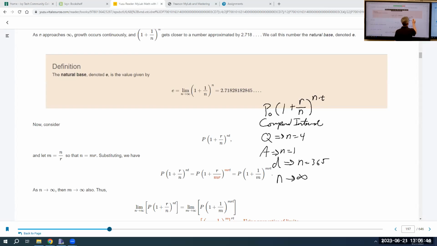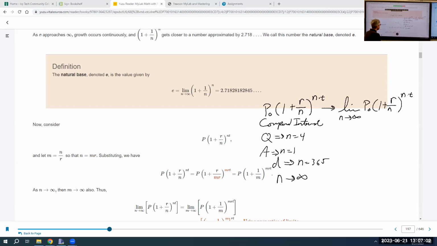So that's one of the things we're looking at, the limit as n approaches infinity of some initial investment, 1 plus the rate over the number of times it's compounded, to the number of times times t.